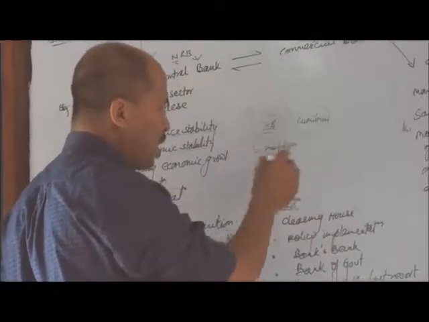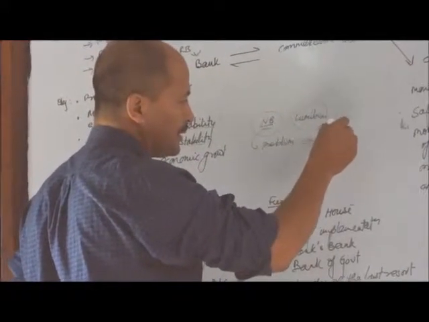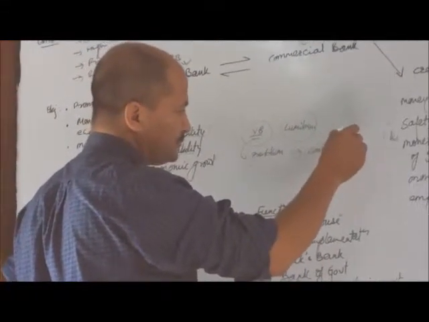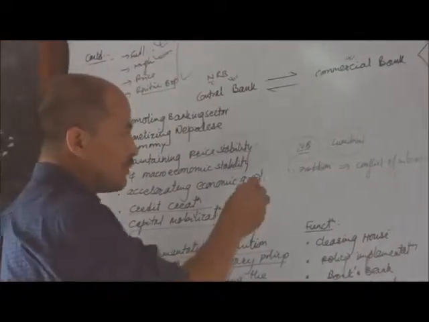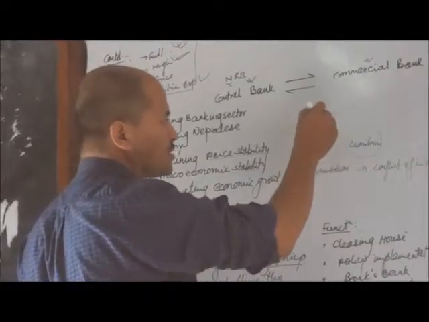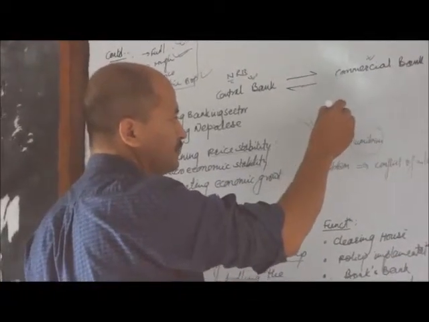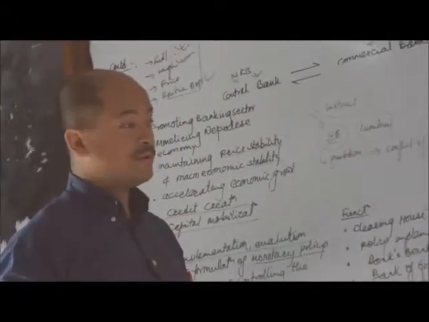And the problem is because of the conflict of interest. What happened? The central bank first of all instructed, and that instruction was not effective properly.